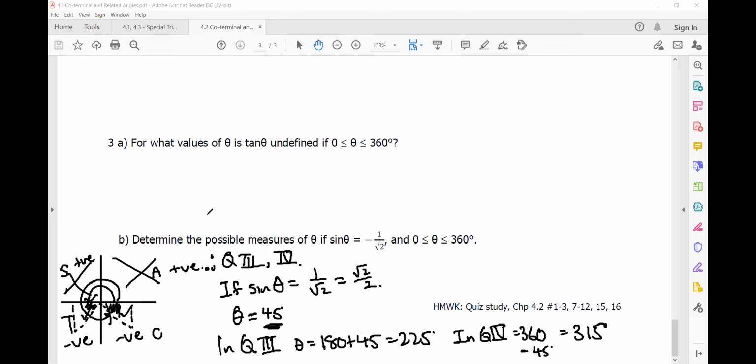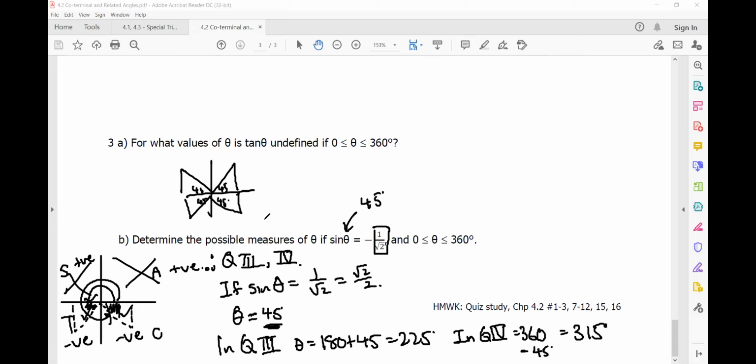So the -1/√2, the negative part, is only important for determining what quadrant it's in? Exactly. The value itself, we know that has to be some form of 45 degrees, right? It's either 45 degrees here, here, here, or there.